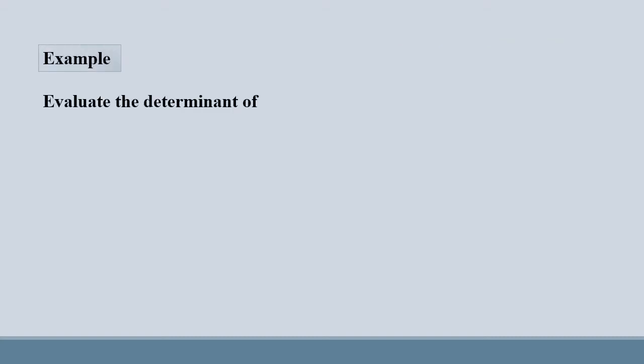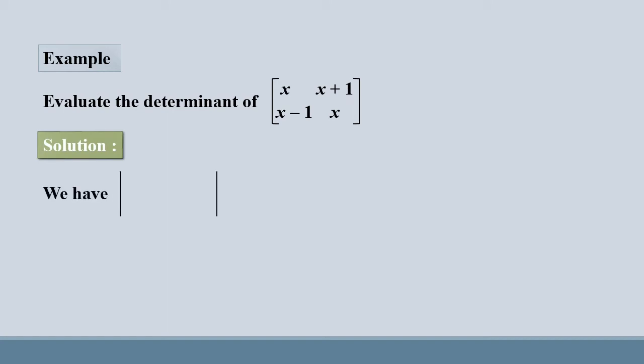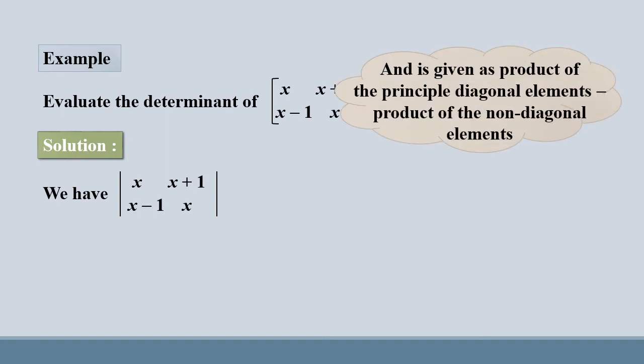Next example, evaluate the determinant of x plus 1, x minus 1, x, x. Again we simplify by considering the product of diagonal elements and then taking the difference from the product of non-diagonal elements. Diagonal elements x into x, and non-diagonal elements x minus 1 into x plus 1.